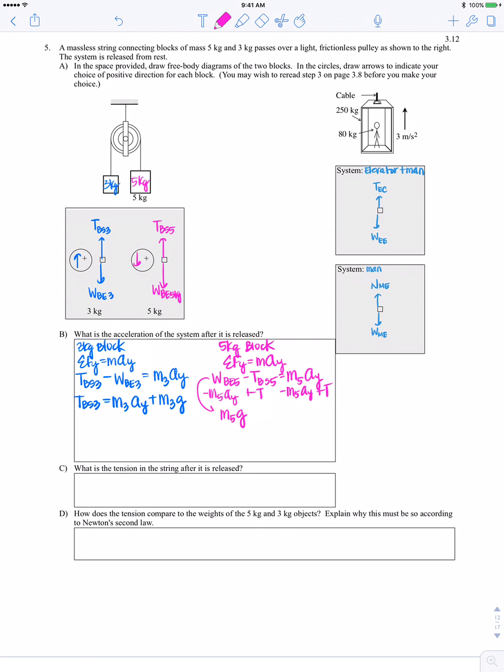Now the tension, remember, is going to be the same because this is a massless string. So I'm going to take this tension and plug it in right there.